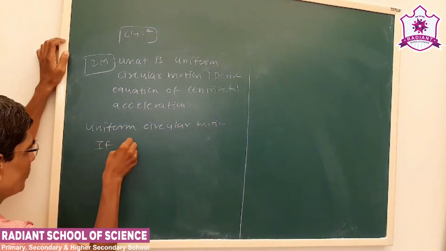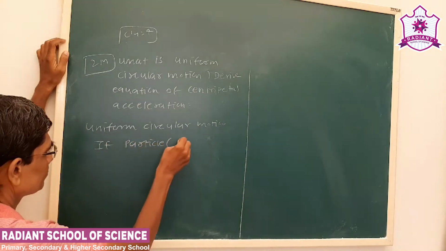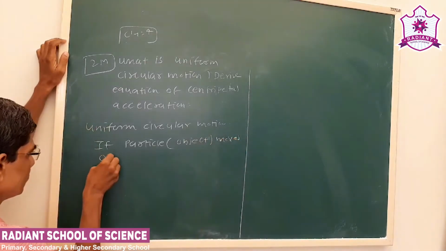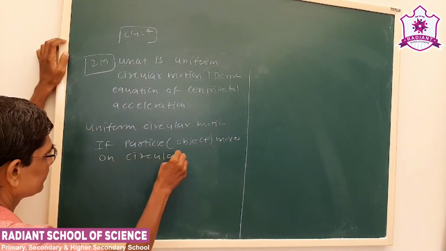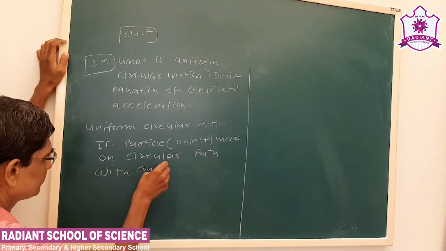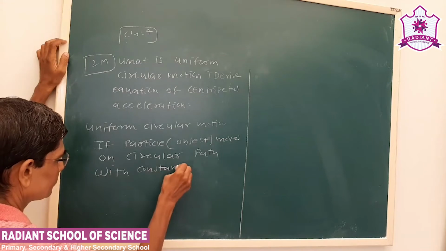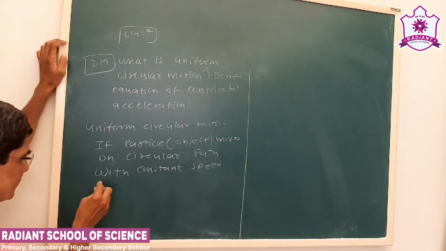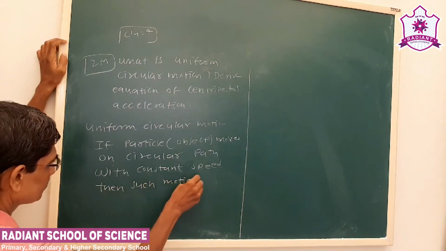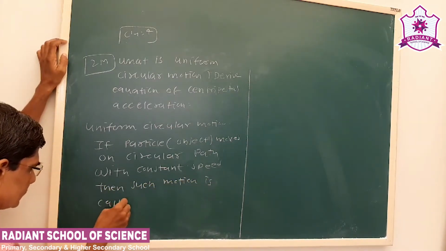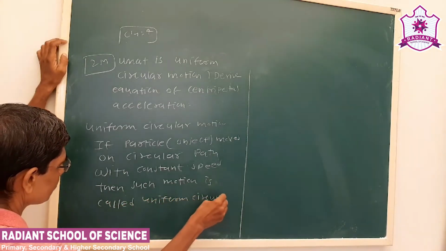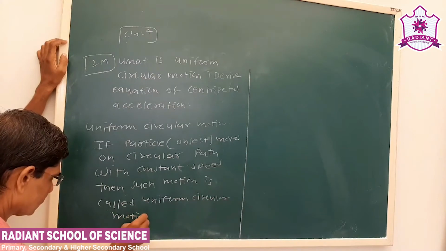A particle or object moves on a circular path with constant speed, then such motion is called uniform circular motion.